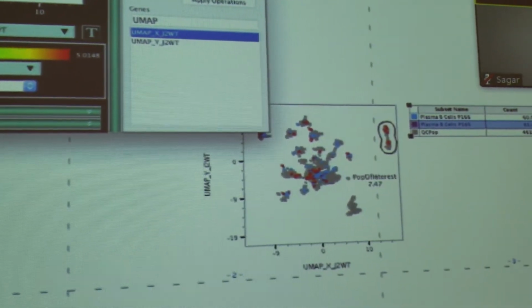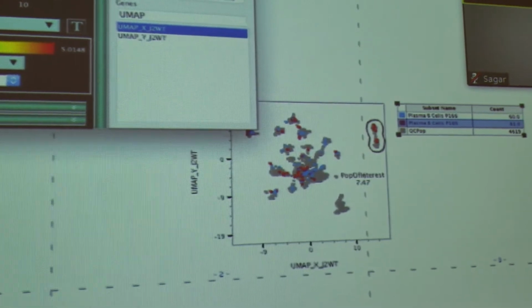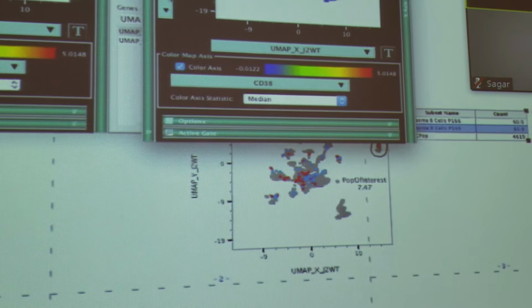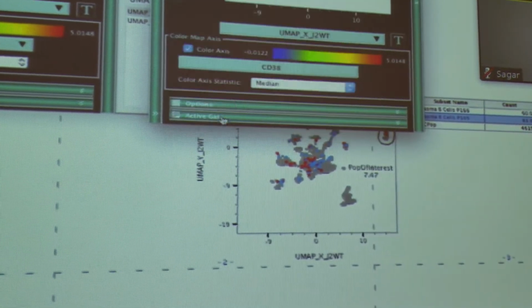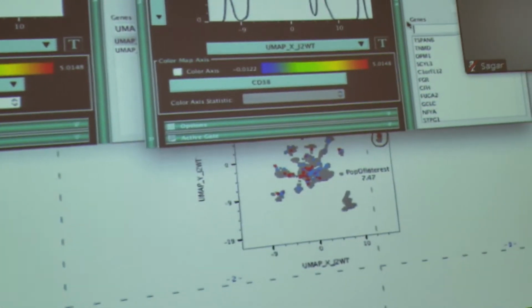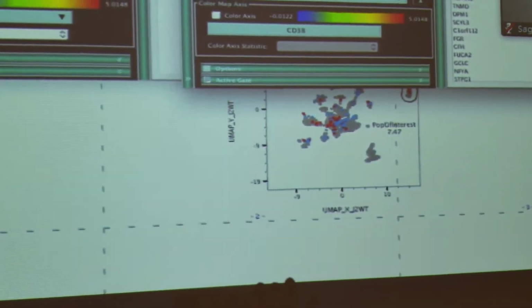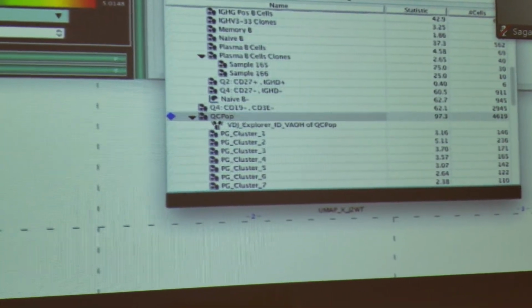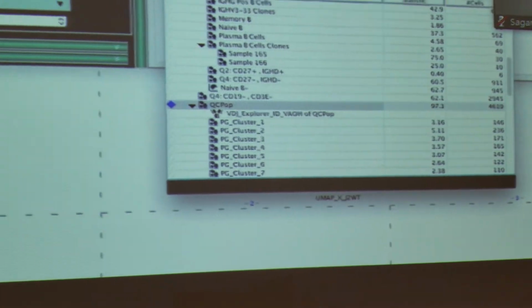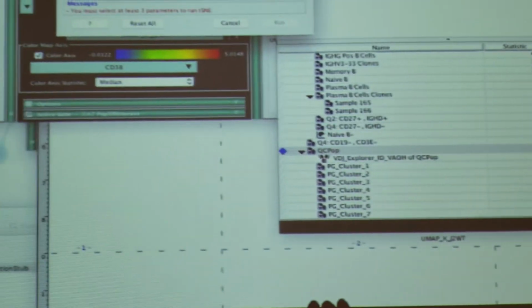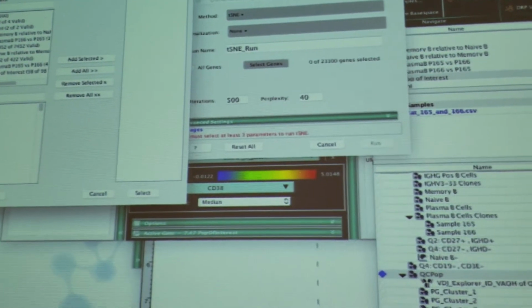Because we know that plasma cells 165 are different from 166, but UMAP says, oh no, they're not really too different. Is there another dimensionality reduction algorithm you can run that would better show whatever is different about them? Yeah, there are quite a few we could use, but TC would probably be the next one I would go for. Okay, sounds good.